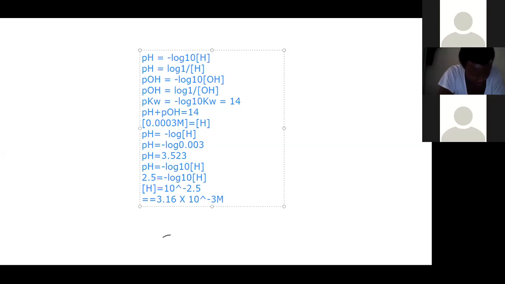Avogadro's number is equal to 6.023 times 10 to the power 23 particles per mole.